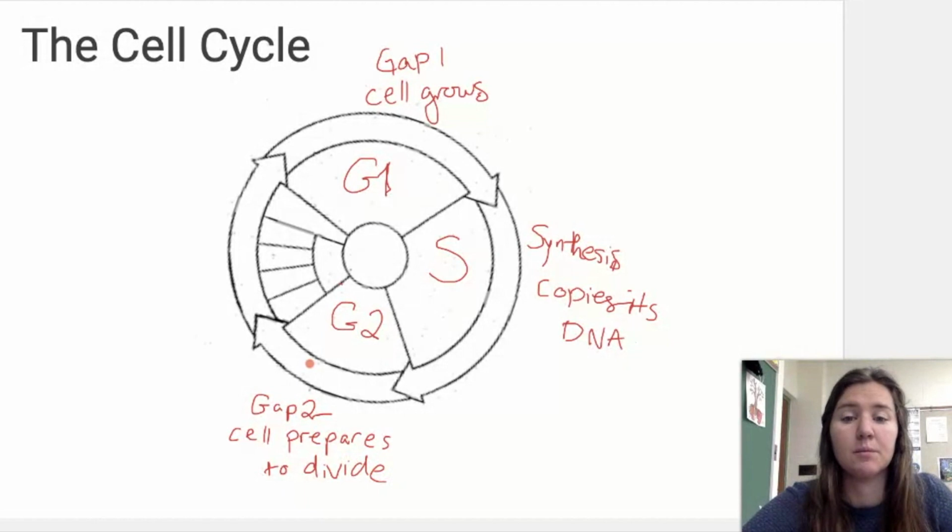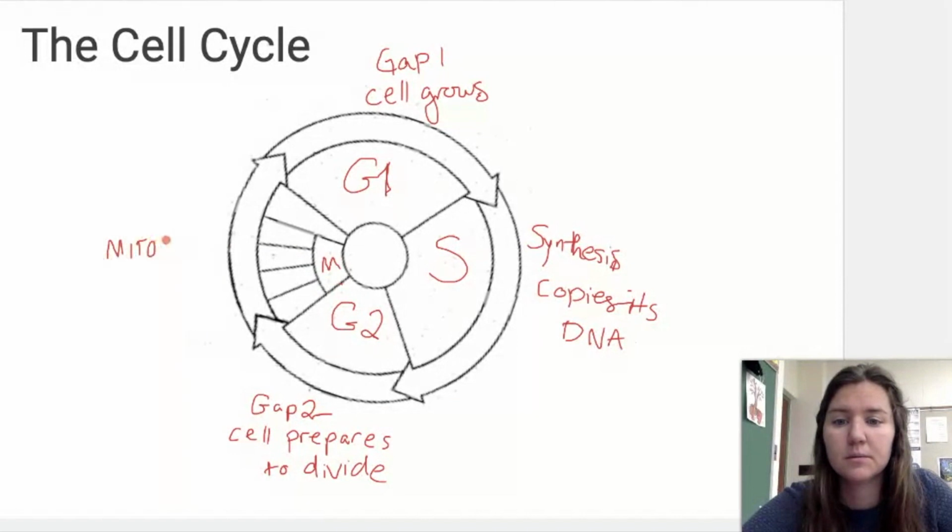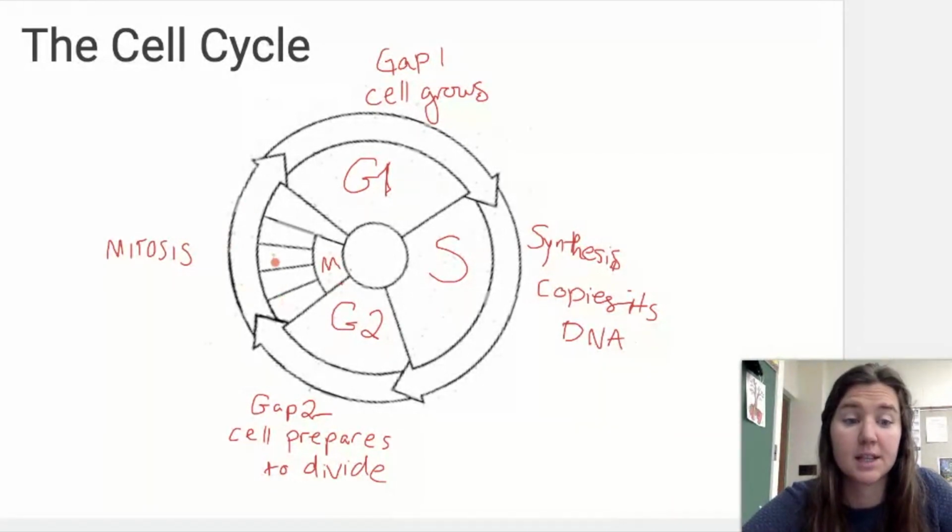All right, and that moves us into then cell division. We call that M phase, which stands for mitosis. And then there are 4 different phases of mitosis.